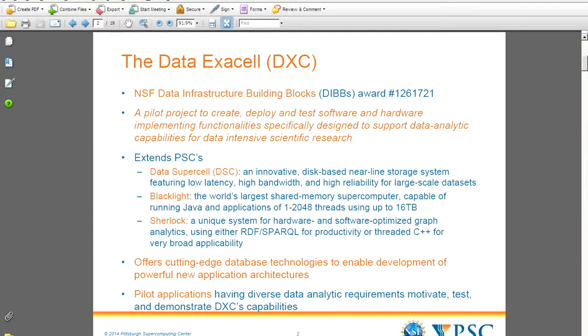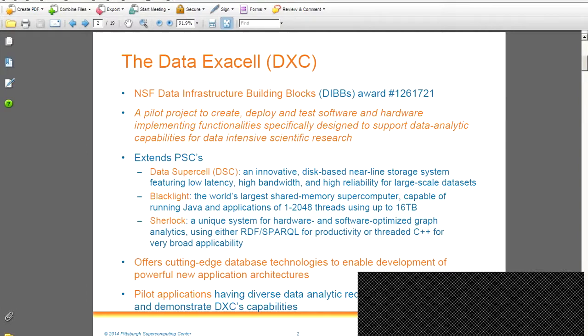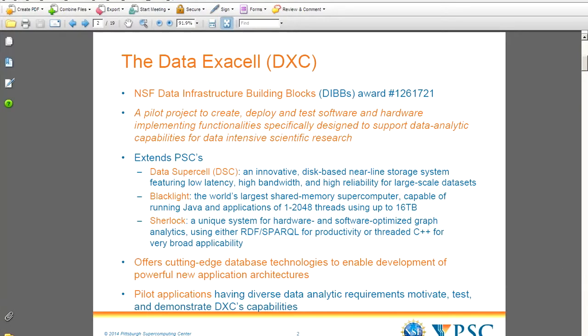And it brings in two analytical engines. It folds in Blacklight, the large shared memory machine that I think everyone at XSEDE knows by now. Sherlock, which people may not be familiar with, I gave an ECSS Symposium on it sometime within the last year. Sherlock is a unique system for doing graph analytics. I'll talk more about that in a few slides.